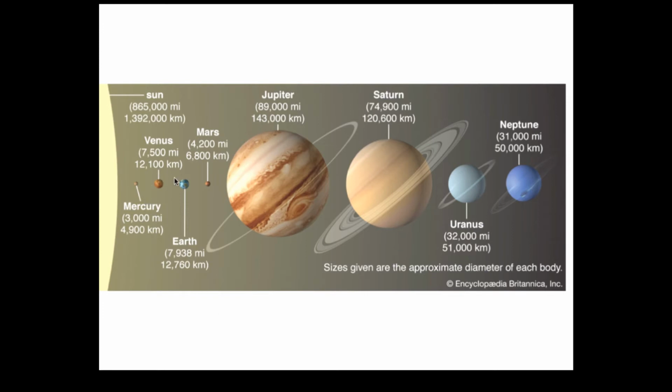What this is telling us is that Earth is amongst the smallest of the objects in the solar system. The Sun is far larger than anything else. You can kind of extrapolate from this curve how much bigger it is than even the largest object next to it, which is Jupiter. So that's an interesting thing to recognize.